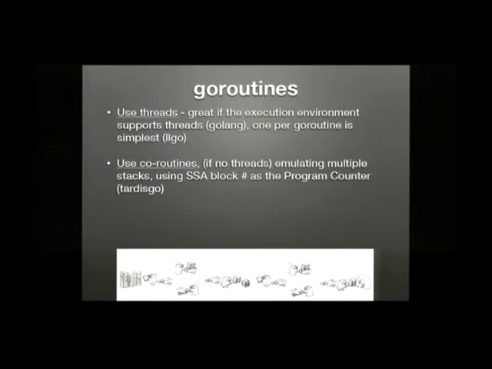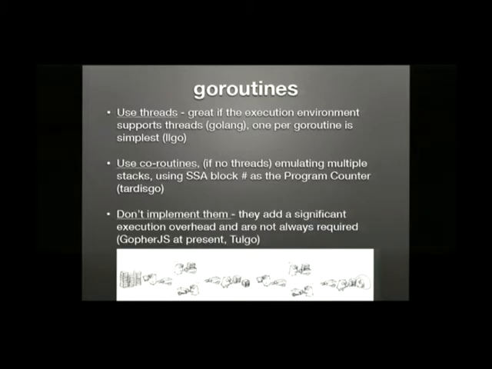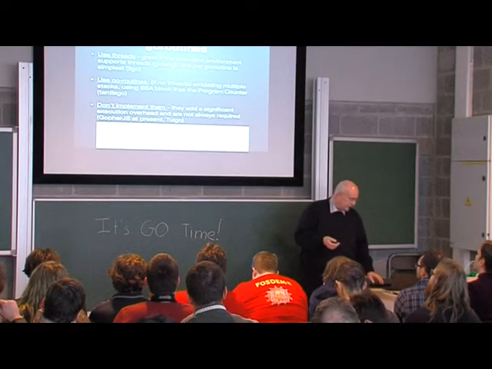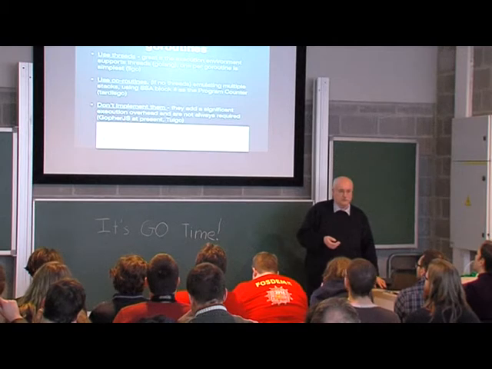I actually use the SSA block number as a program counter. That's my top tip. But there's a strong argument for not having Go routines at all in some circumstances. If you're making a callable library, and I think much of this cross-language work will be around callable libraries, then I think there's a very good case for not having Go routines because it's going to make it much faster, probably.